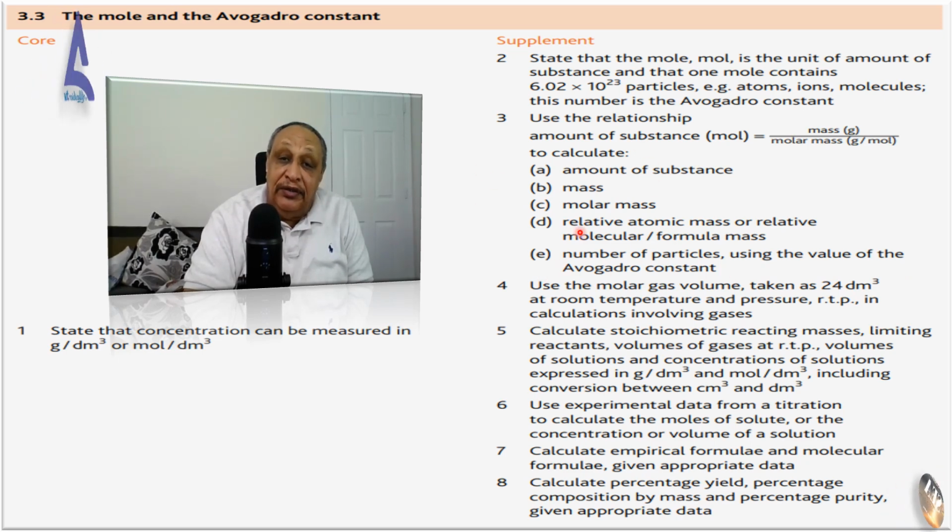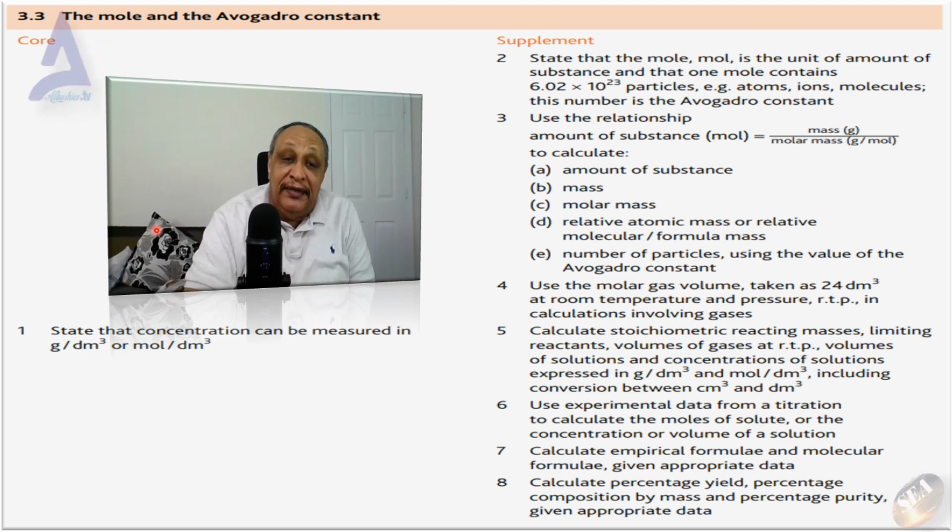We are going to deal with this segment, so we already know what is the Avogadro's number, which is 6.02 multiplied by 10 to the power 23 particles, regardless of what this particle is, atoms or anything else.